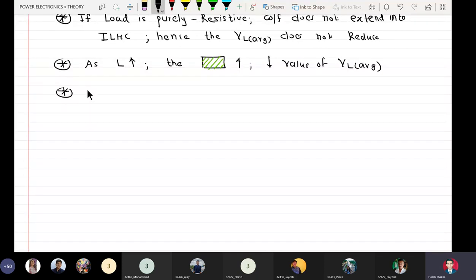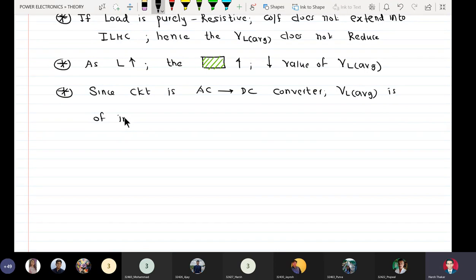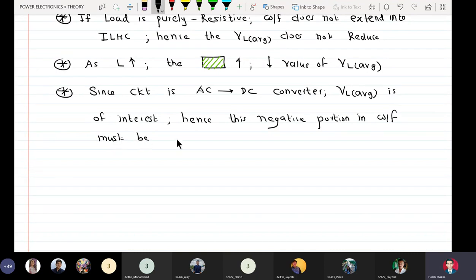Worst case is this, since the circuit is AC to DC converter, VLAVG is of interest, hence this negative portion in waveform must be eliminated.